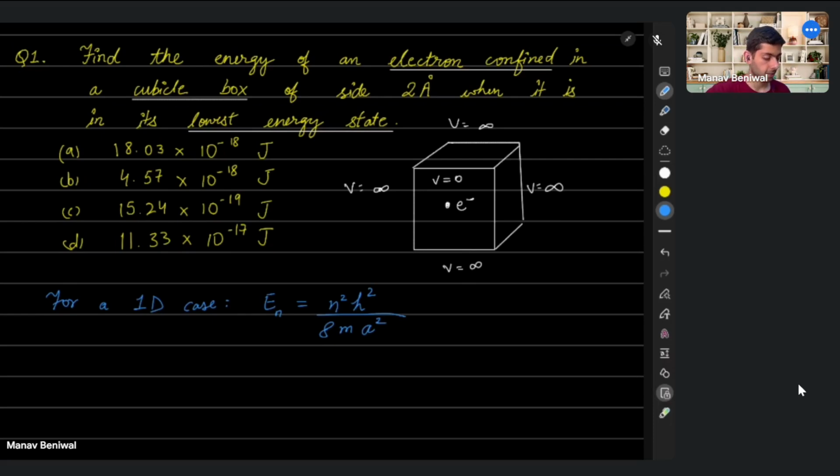Now when we extend it to higher dimensions, let's say for a 2-dimensional case, instead of simply n, we will have nx and ny. So the energy will be h squared over 8m a squared times nx squared plus ny squared. So the energy just adds up.